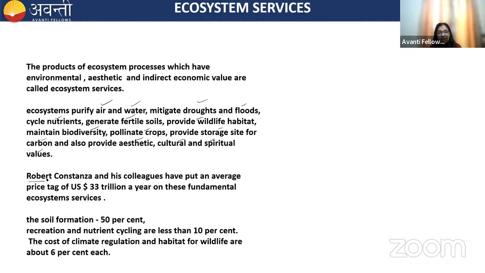There is a scientist called Robert Costanza and his colleagues. They put a price tag on these services given by the ecosystem, and the price comes to US dollar 33 trillion. The distribution of the price is like this: 50% is for soil formation, less than 10% is for recreation and nutrient cycling, 6% is for climate regulation, and 6% is for habitat for wildlife.